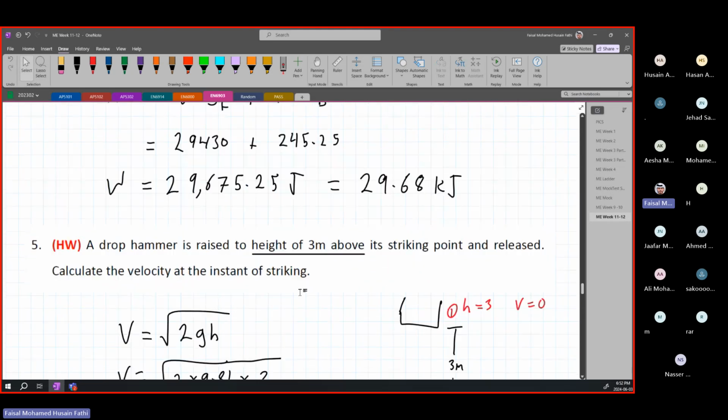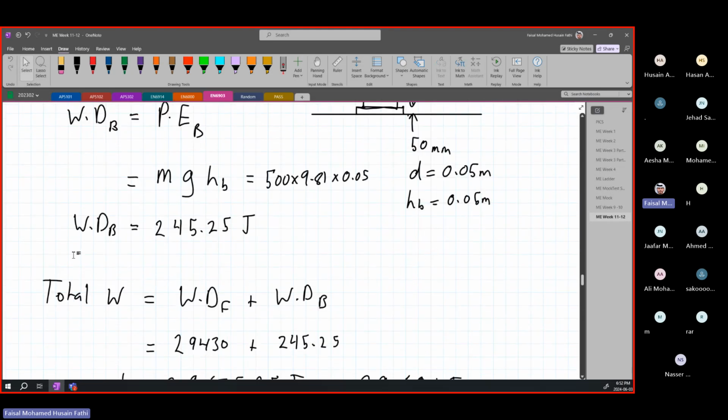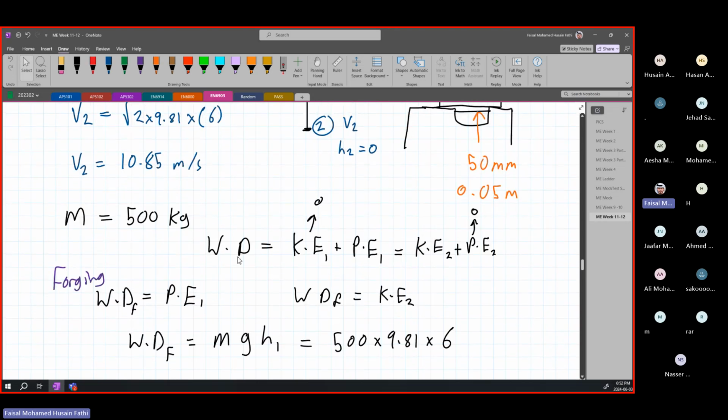In worksheet 1 as well, we did the same thing. The work done is equal to the kinetic plus potential energy in phase 1, which is also equal to the kinetic and potential energy in phase 2. This is what the work done is. It's just the total energy or the total work that is being done.